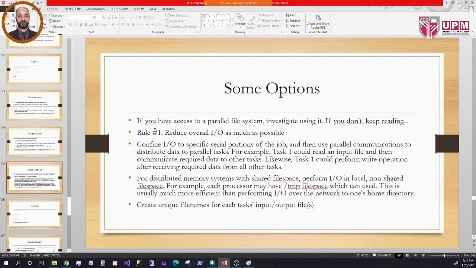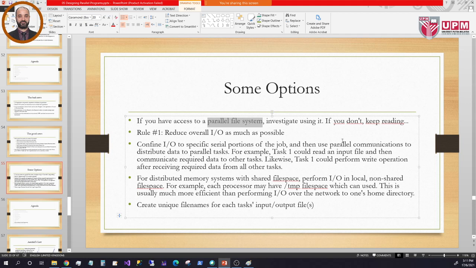Then here are some options. If you have access to a parallel file system, investigate using it. For example, if you have a parallel file system, try to understand how to use the features that are provided by the hardware that you have.